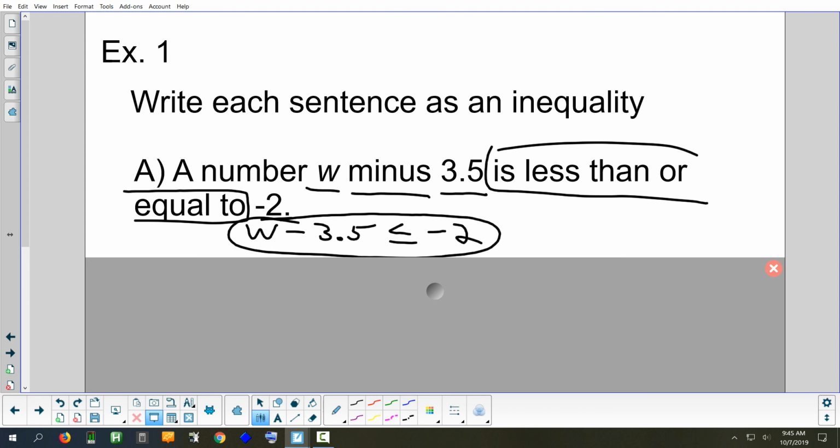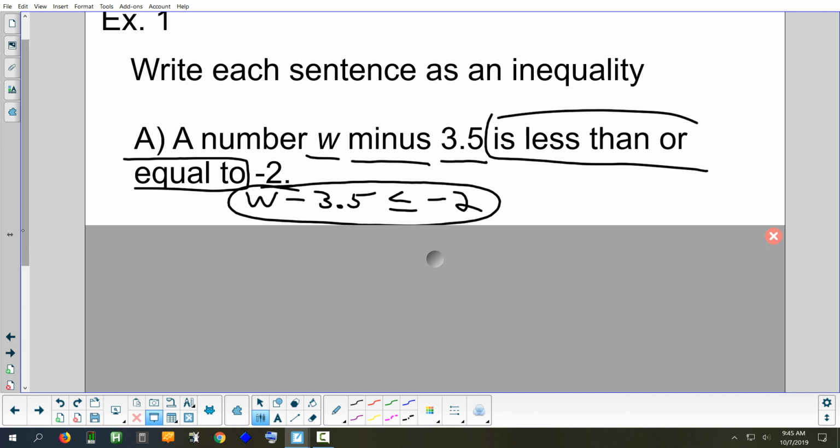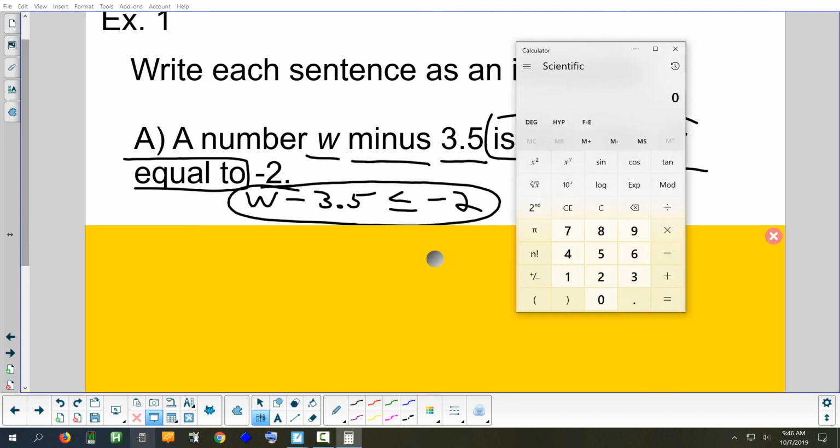From the warm-up, does anybody know what you do on each side if they asked you to figure it out? This is going to be more what we do later on. But what's the one thing you'd have to do to get W by itself here? When you subtract 3.5 from. Well, if you have 3.5 and you minus another 3.5 from it, let's see if it cancels out and you get 0.